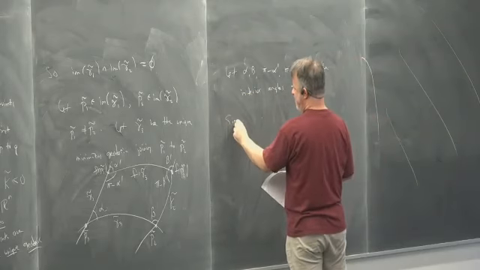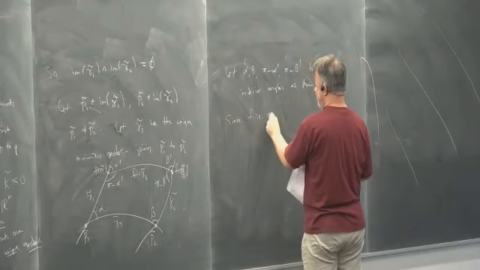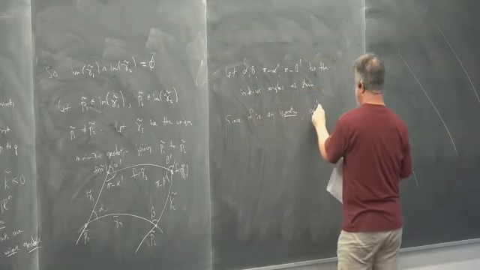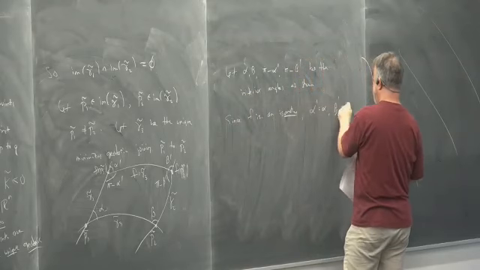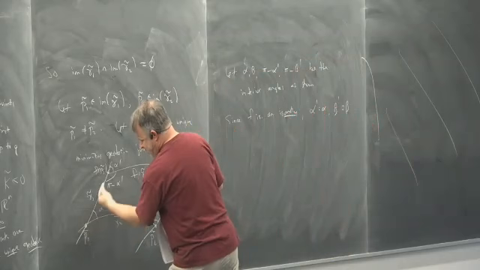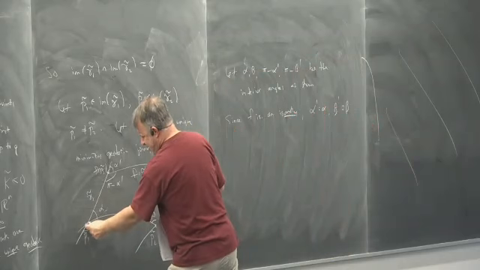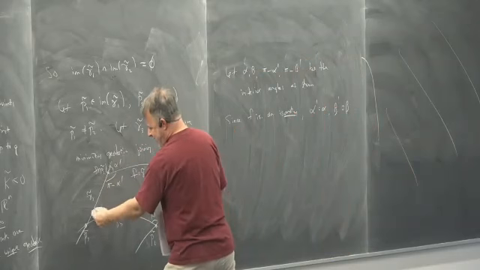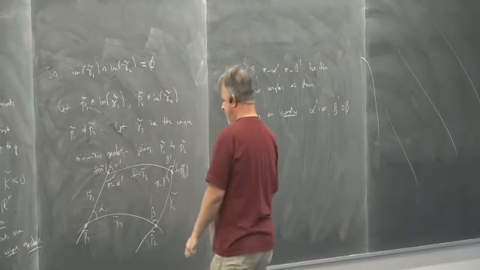Since F is an isometry, alpha prime equals alpha and beta prime equals beta, because isometries preserve angles. If I look at this geodesic and this point, under F it gets sent to this point and this geodesic, and the angle here is equal to the angle here. The same thing there.